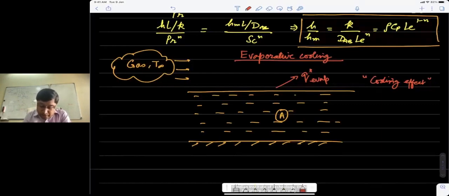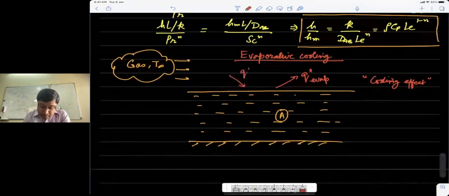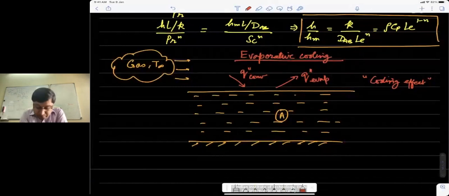The gas is flowing over the surface, so it must be supplying energy in the form of convection. That rate of heat transfer must equal the rate at which evaporation takes place from the surface. At that point, the surface temperature becomes a constant, or achieves its steady state.